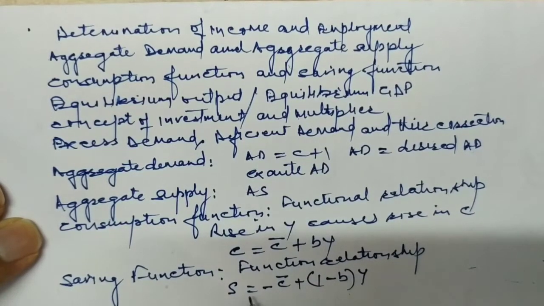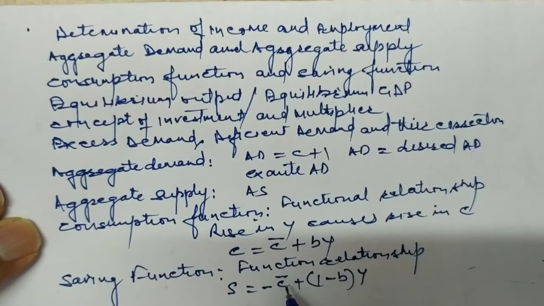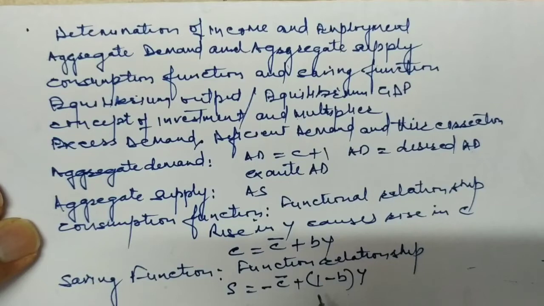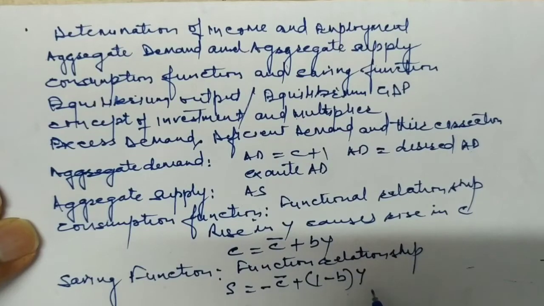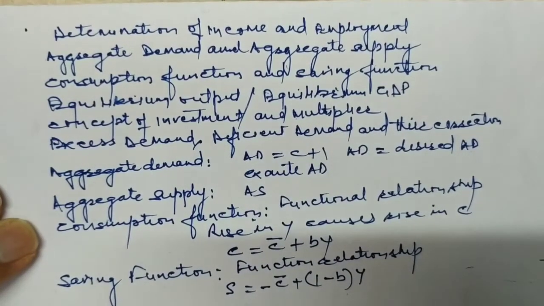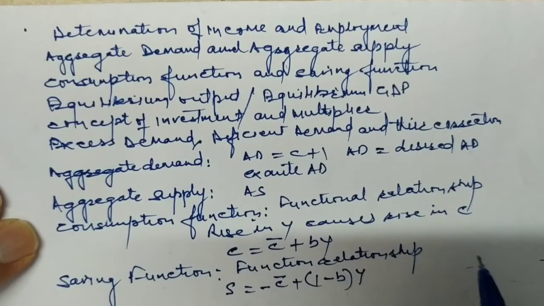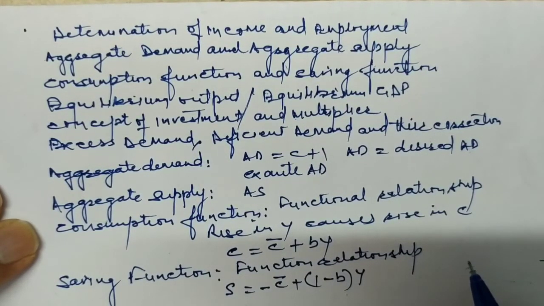In saving function, minus C bar stands for constant saving, plus 1 minus b stands for MPS, and Y. These are some basic concepts which we have to study in this topic, that is determination of income and employment.